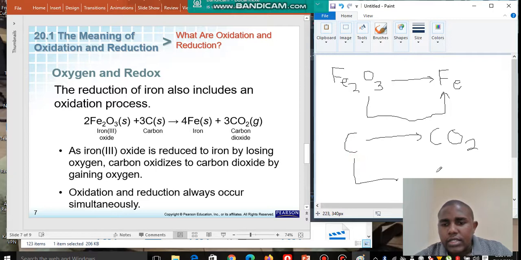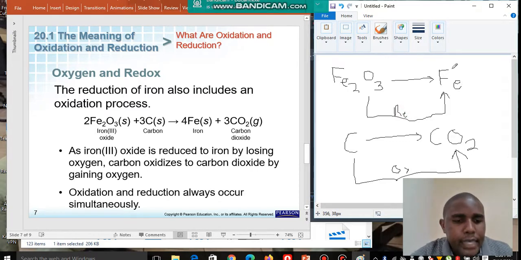As you can see, there is addition of oxygen to carbon to form carbon dioxide, and the addition of oxygen is called oxidation, and this is a reduction reaction, when iron oxide was converted to iron metal. A point to note is that always when reduction occurs, oxidation also takes place. They occur at the same time.